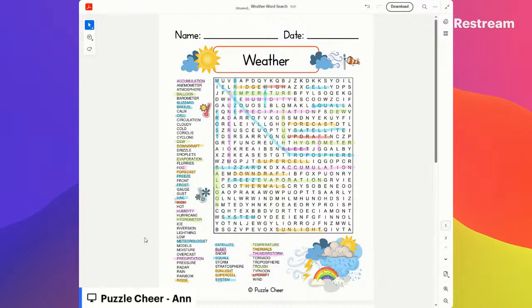Rory says radar is horizontal, starting with the R of frost, top left. Radar, very good. R-A-D-A-R, radar.